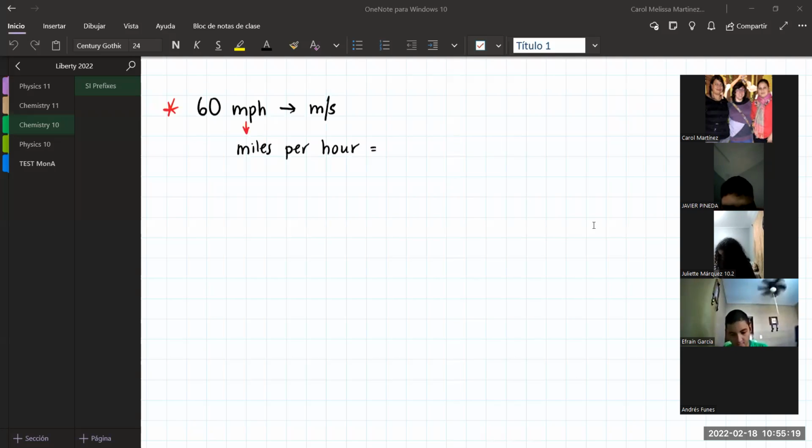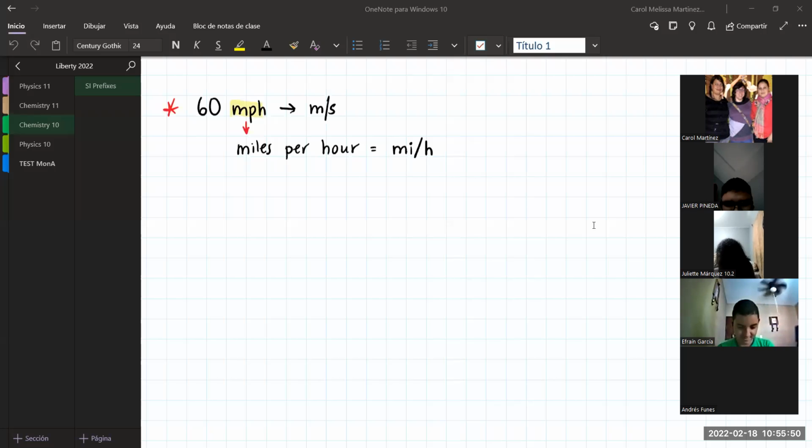Miles is the numerator, per is the slash symbol, and then hour. That's the proper way to write miles per hour. But you're going to find in a lot of books or cars or velocity devices, this measures your velocity in mph, which are miles per hour.